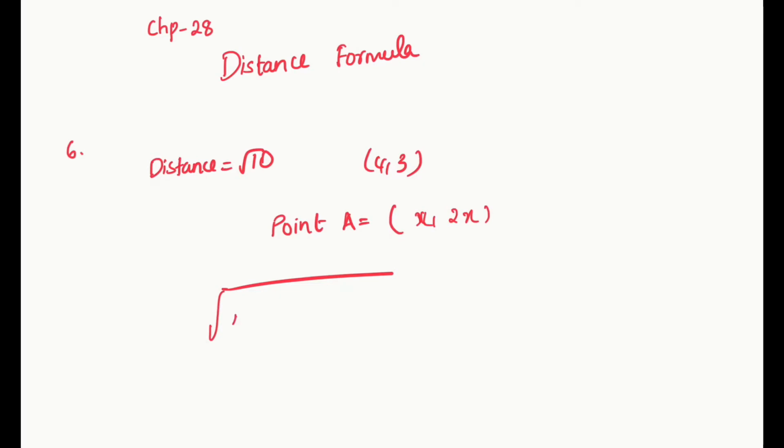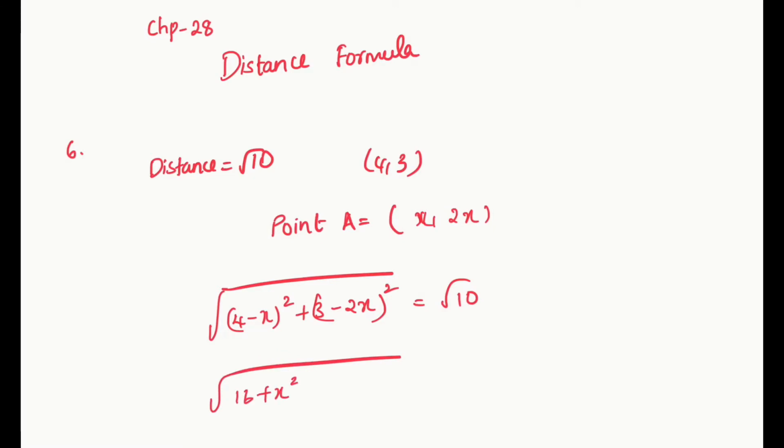So I get it as (4 minus x) the whole square plus (3 minus 2x) the whole square equal to root 10. So I get 16 plus x square minus 8x plus 9 plus 4x square minus 12x equal to root 10.